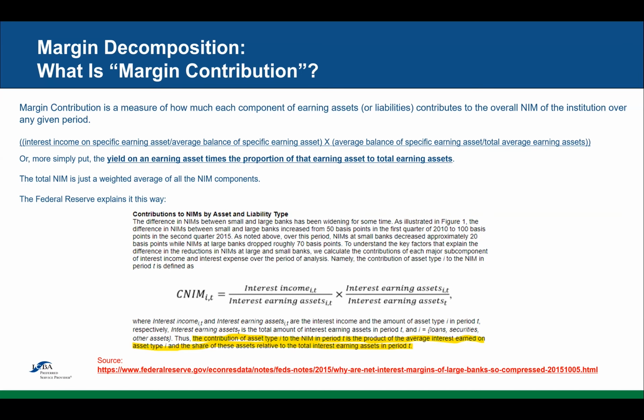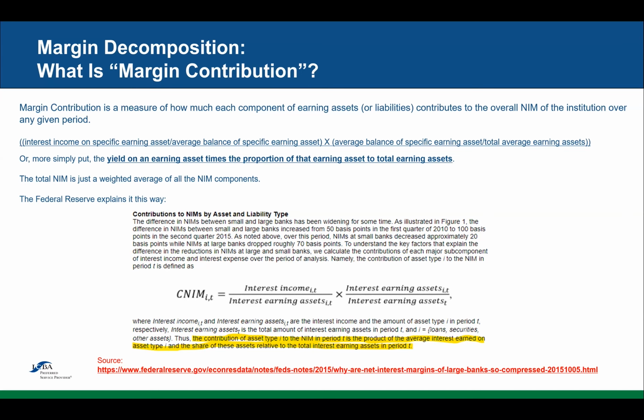Or more simply put, yield on an earning asset times the proportion of it to total. Then your total margin is just a weighted average of all of these individual NIM components.